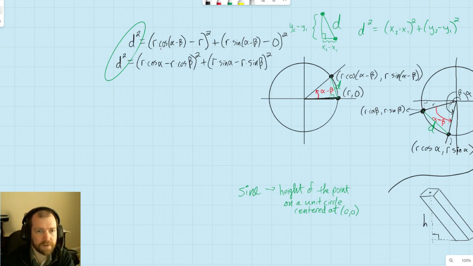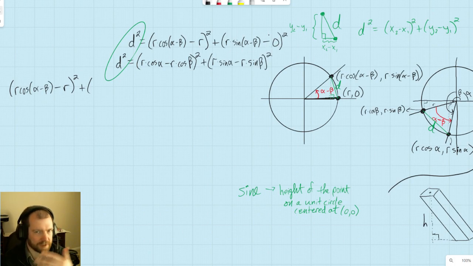So here, this is going to be, let's go over here, (r cosine(alpha minus beta) minus r) squared plus parentheses. And now at this point, I'm just going to square the first part. We're not going to worry about the minus 0 because something minus 0 is just itself. So we have the identity here with r sine of alpha minus beta, just that. So (r sine(alpha minus beta)) is being squared.